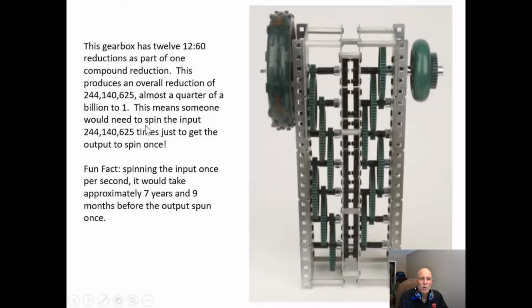That means that if someone would spin this input 244 million times, you'd end up with one output. So spinning that input once per second would take approximately 7 years and 9 months before the output would spin once. Imagine the torque on that though.